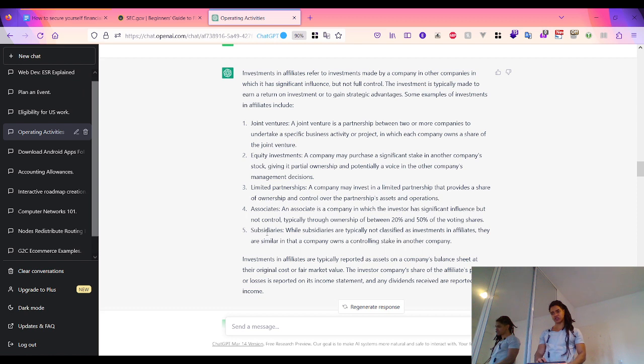And then you have subsidiaries. While subsidiaries are typically not classified as investment in affiliates, they are similar in that a company owns a controlling stake in another company.